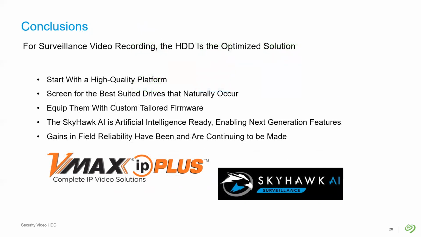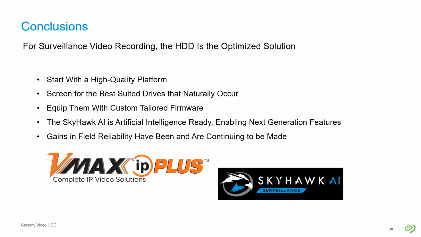All right, here's my conclusions. How are you going to make a surveillance video recording drive? Well, the first thing you got to do is start with a high quality platform. There's no shortcuts. You got to have preamplifiers. You got to have controller chips. You got to have enough cache buffer on board. You've got to have media that has been screened and is superior media.